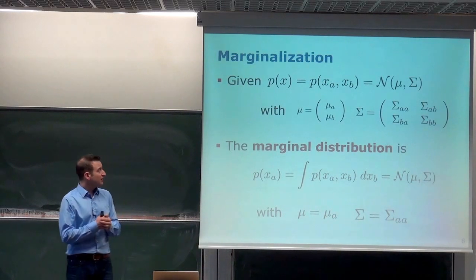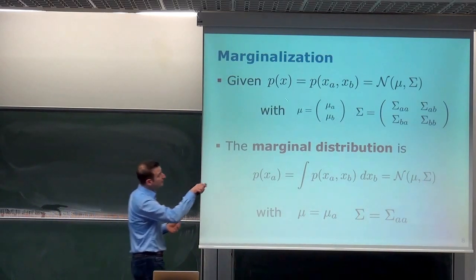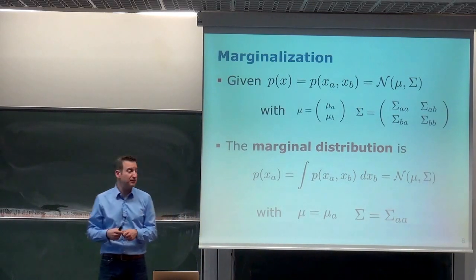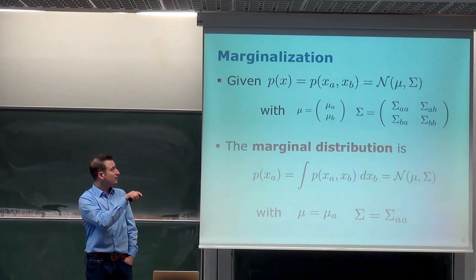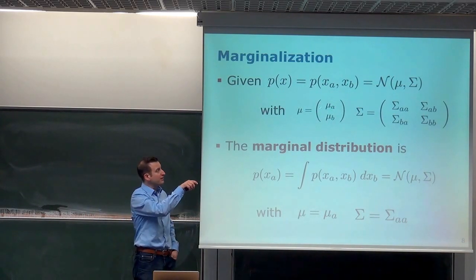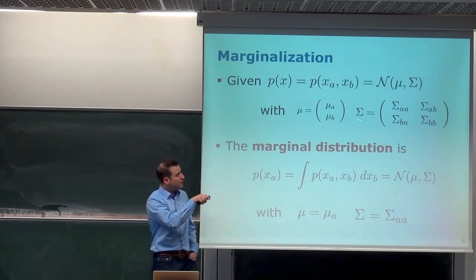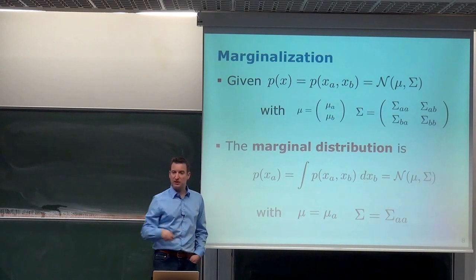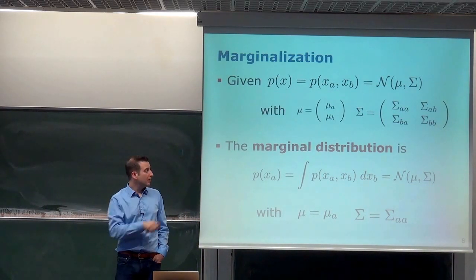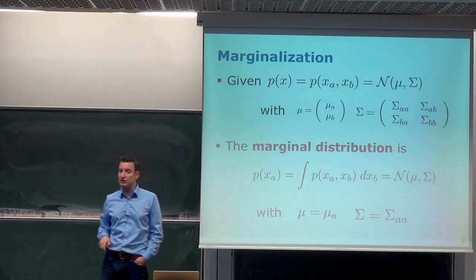So how does this marginalization look like? If this is our state space about these two variables P of XA and P of XB, which is Gaussian, then we have a mean vector which we can split up into a mean about A and a mean about B, and we have a covariance matrix which can actually be split up into four submatrices.